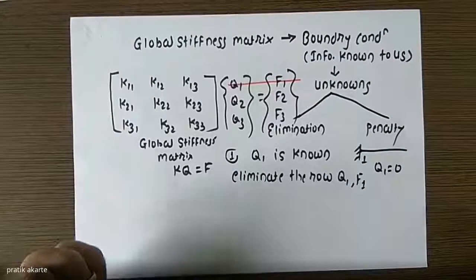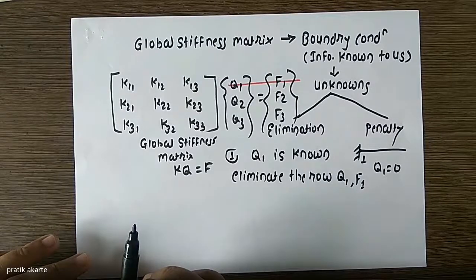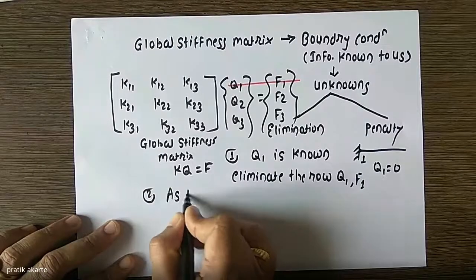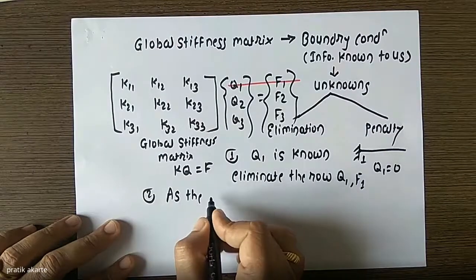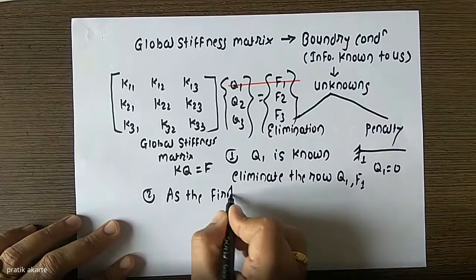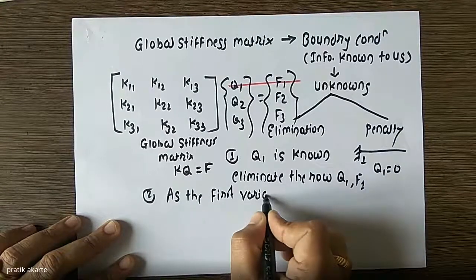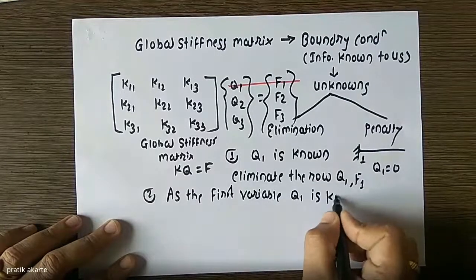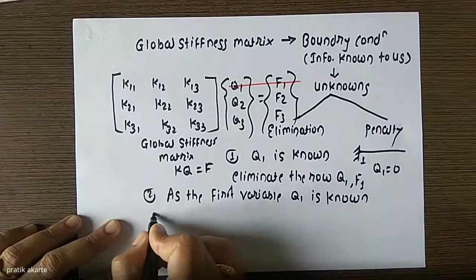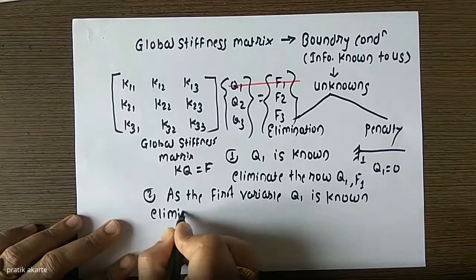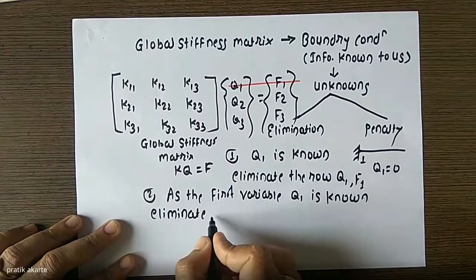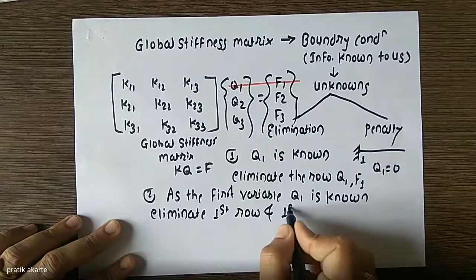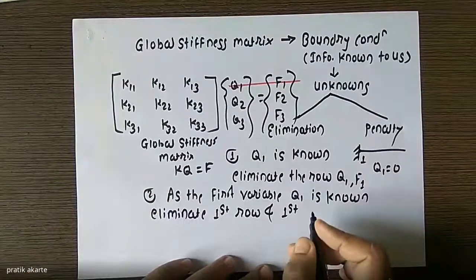Also, as the fixed variable Q1 is known, this is important, please note carefully: as the first variable Q1 is known, eliminate the first row and the first column of the stiffness matrix.